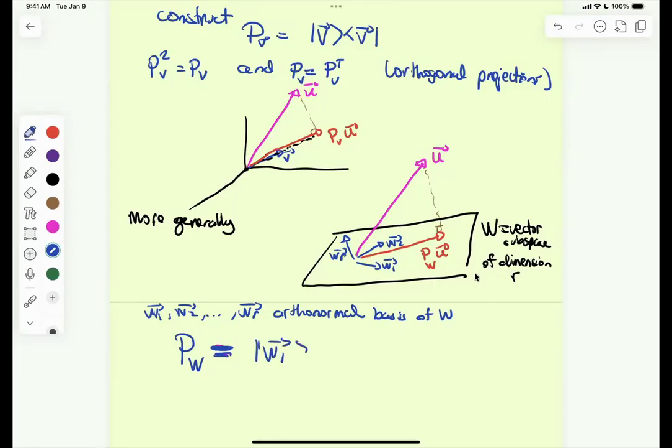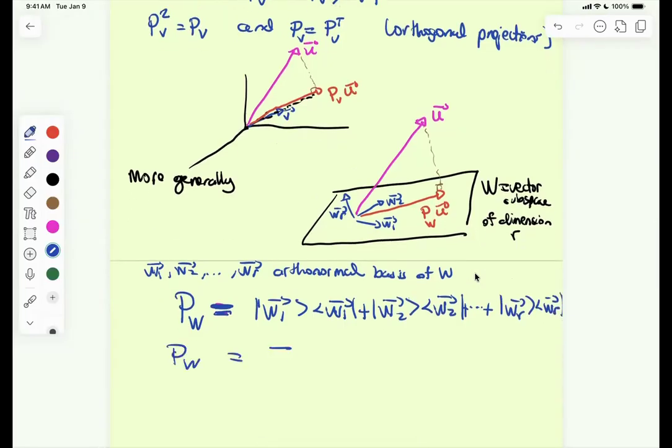So it's W1 tensor W1 plus W2 tensor W2 up to WR tensor WR. In more traditional notation, it's the sum of the Wi tensor Wi from i equals 1 to R. I call it R on purpose because that is the dimension, and it also matches the rank of this projection matrix.